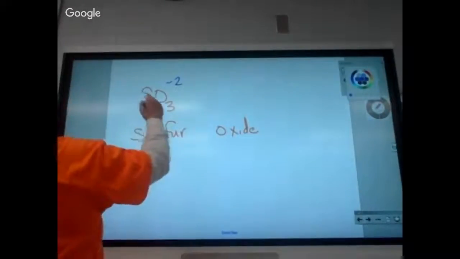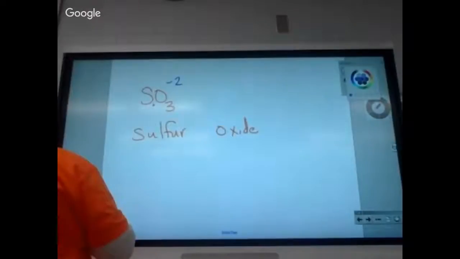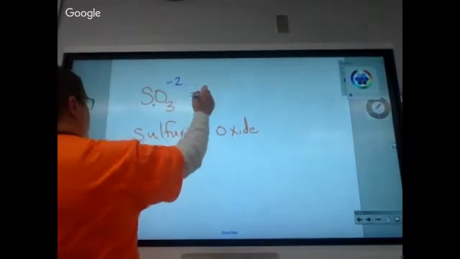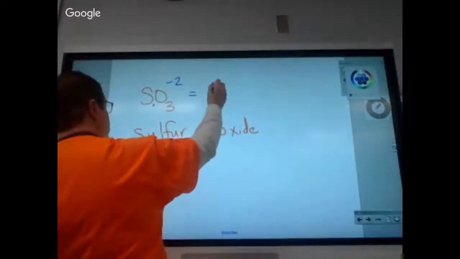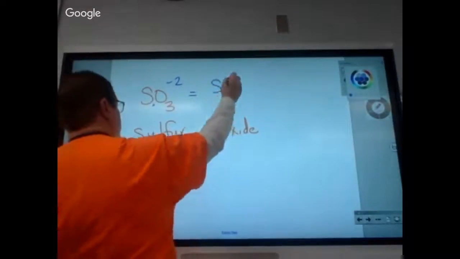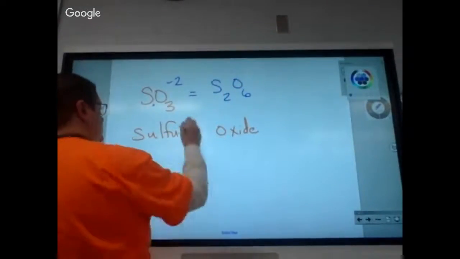Is the -2 right there where I put this blue dot? So what happened to it? So, what was the original formula? So what came from the S?